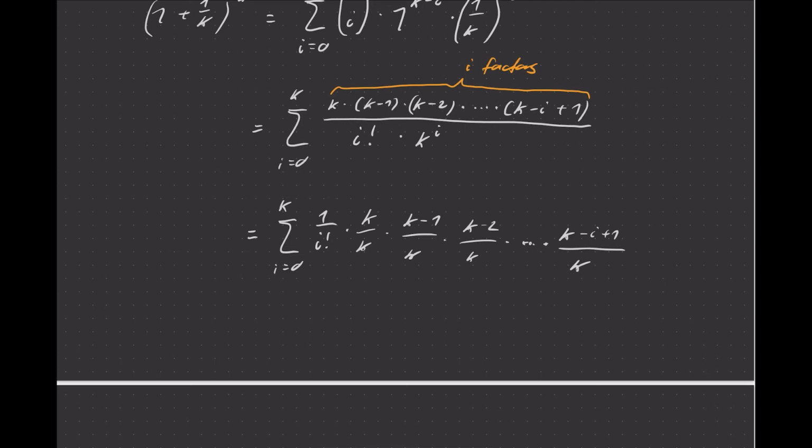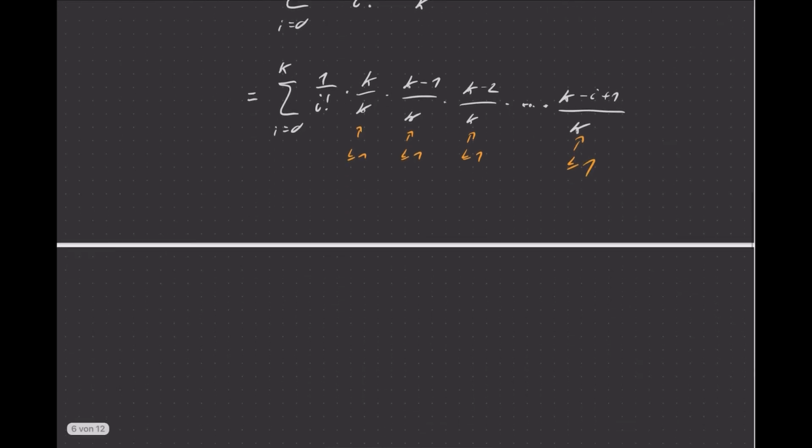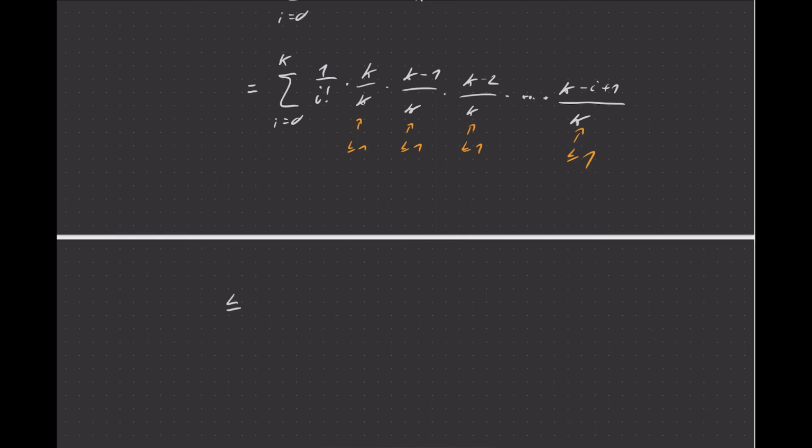And now what we need to see here is that each of these factors is in fact less or equal to 1. So we can just derive an upper bound by saying, well, this is less or equal to the sum from 0 to k of 1 over I factorial times 1 times 1 times 1 times 1, yeah?